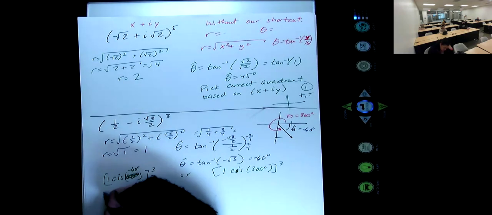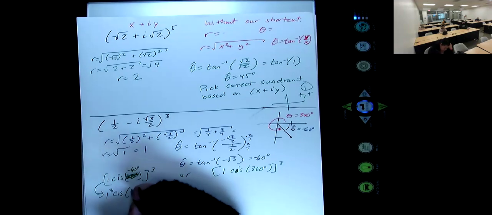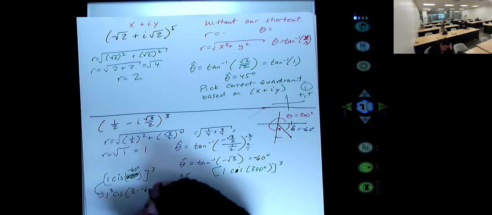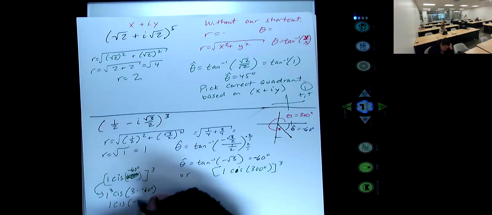If we follow the approach, we do 1 to the third, and then cis of n times our angle. So I end up getting 1 cis -180.